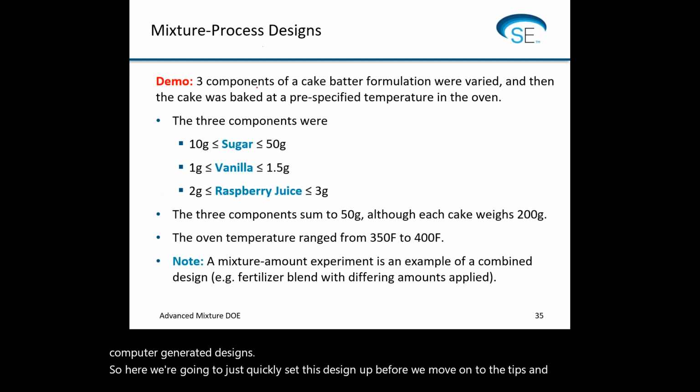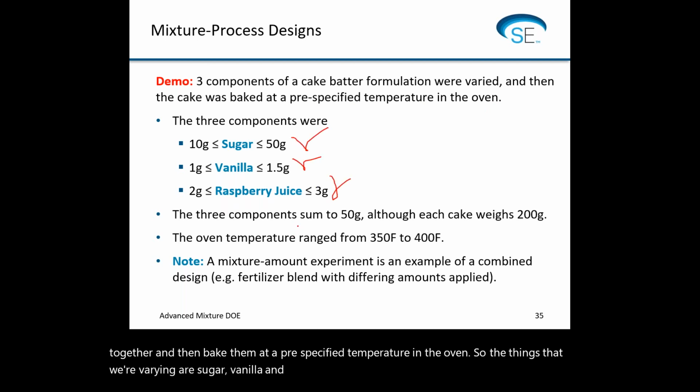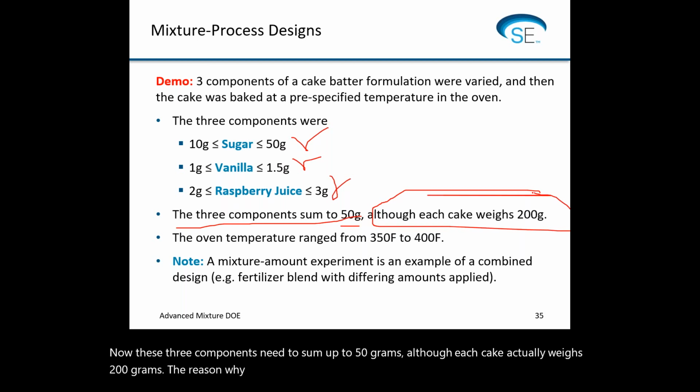So we have 3 components of a cake batter formulation. Then we blend them together and bake them at a pre-specified temperature in the oven. The things that we're varying are sugar, vanilla, and raspberry juice. These 3 components need to sum up to 50 grams, although each cake actually weighs 200 grams, because you have flour and egg and all that other stuff.